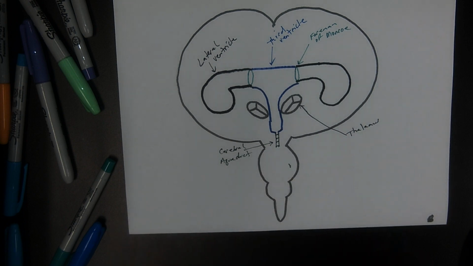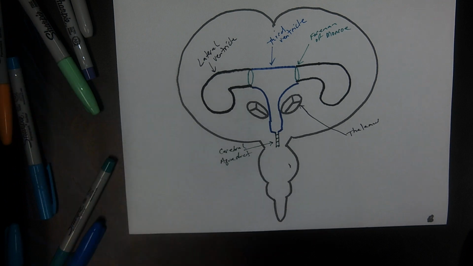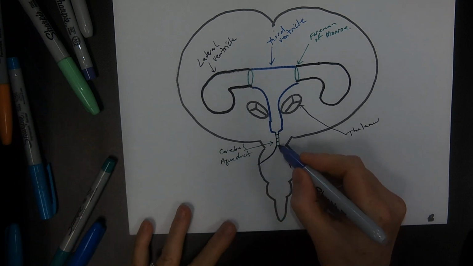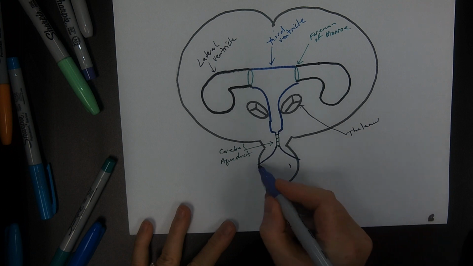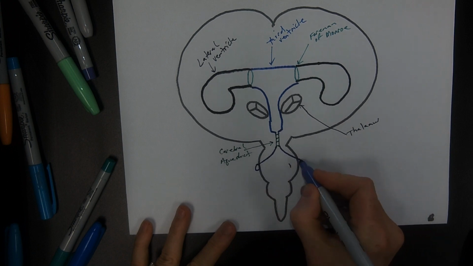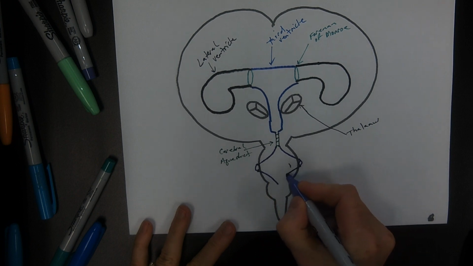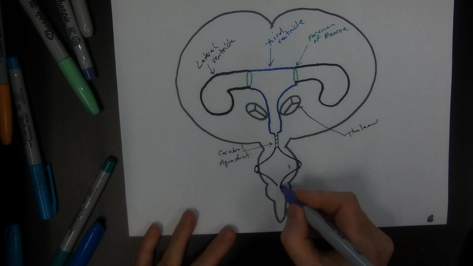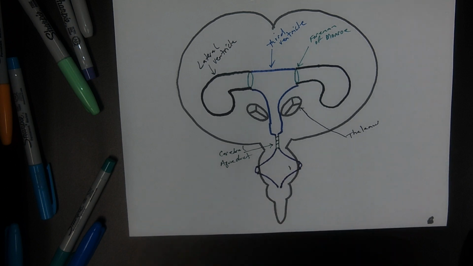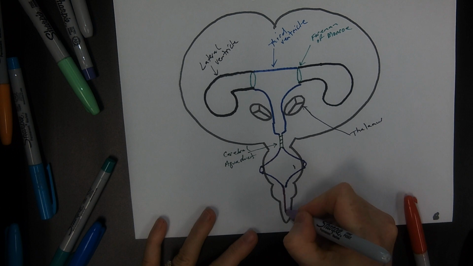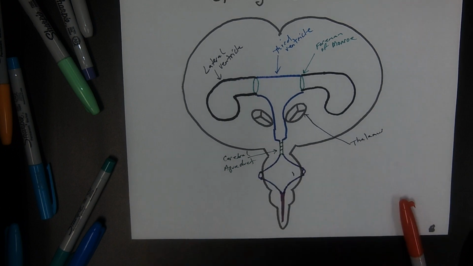And then your cerebral aqueduct is going to go ahead and connect down here to your fourth ventricle. And your fourth ventricle is going to go ahead and connect down to your central canal. Goes all the way down the spinal cord.